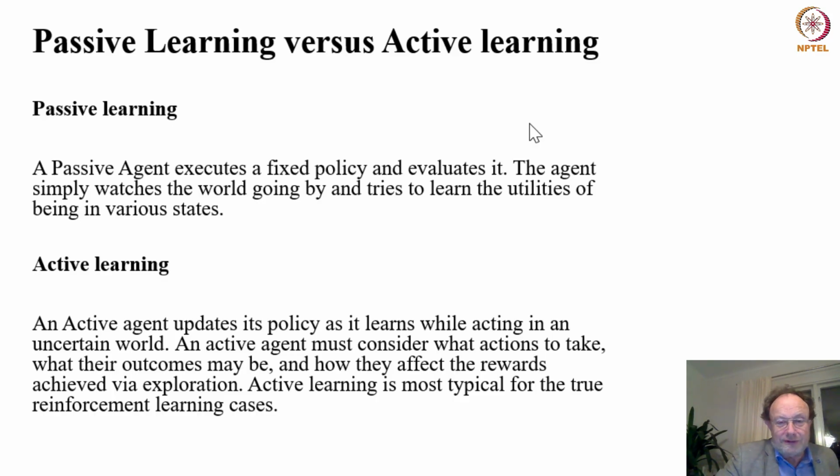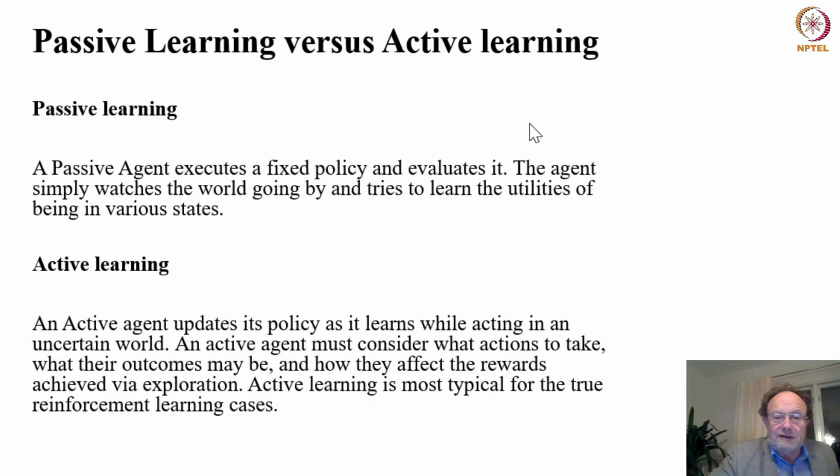One can consider it that this policy can have been given to the agent, and the agent is not allowed to change it. So the only thing that the agent can do is to act, but always according to a predefined fixed policy.